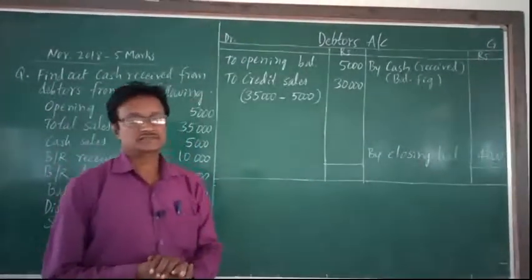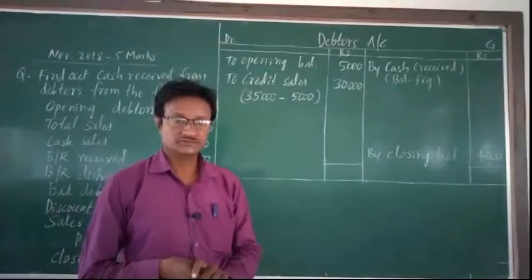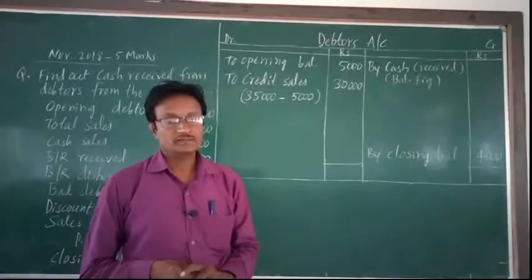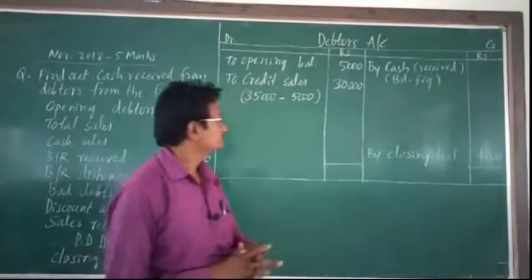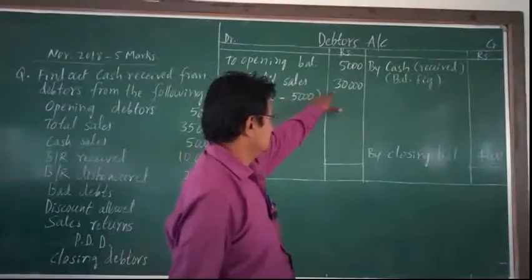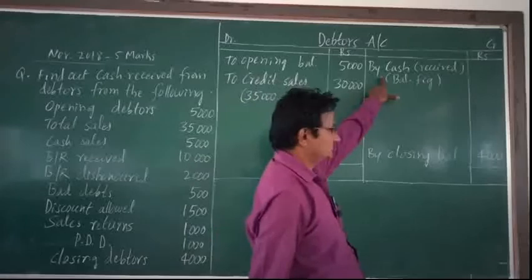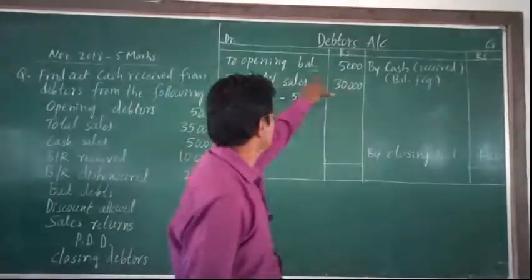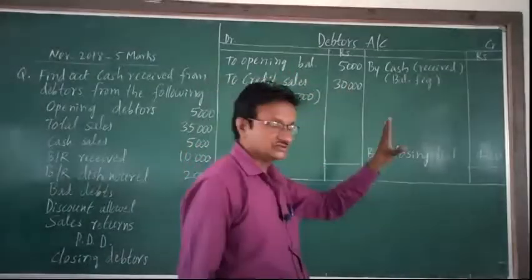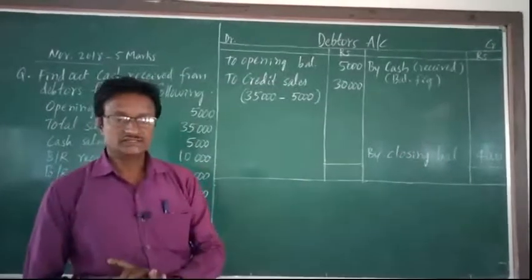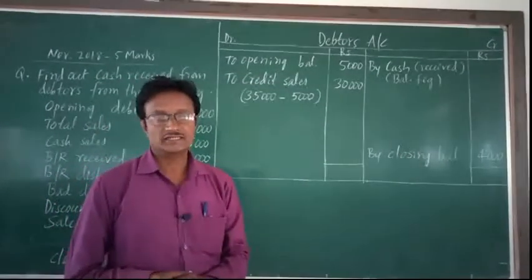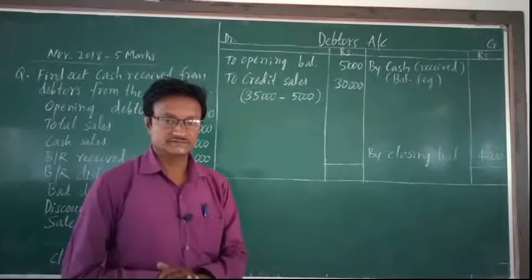As regards debtors account, the 4 important items are credit sales, cash received from debtors, and opening balance and closing balance. These are the 4 important items of debtors account.